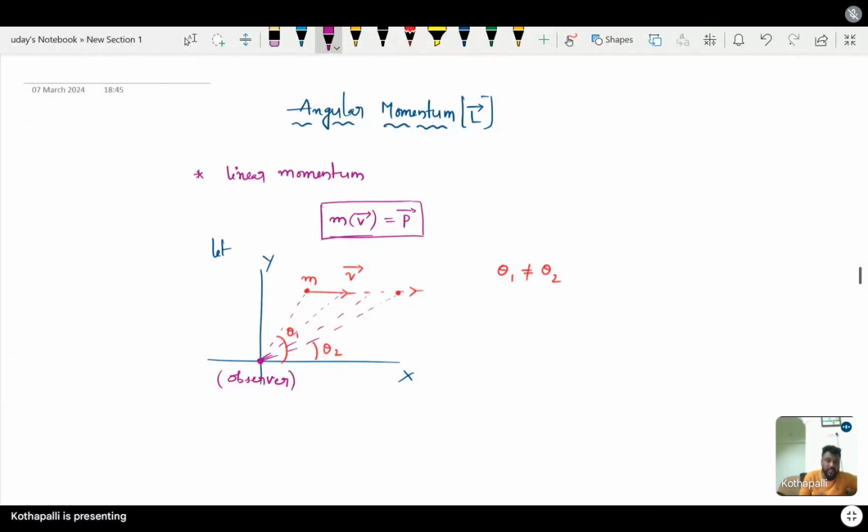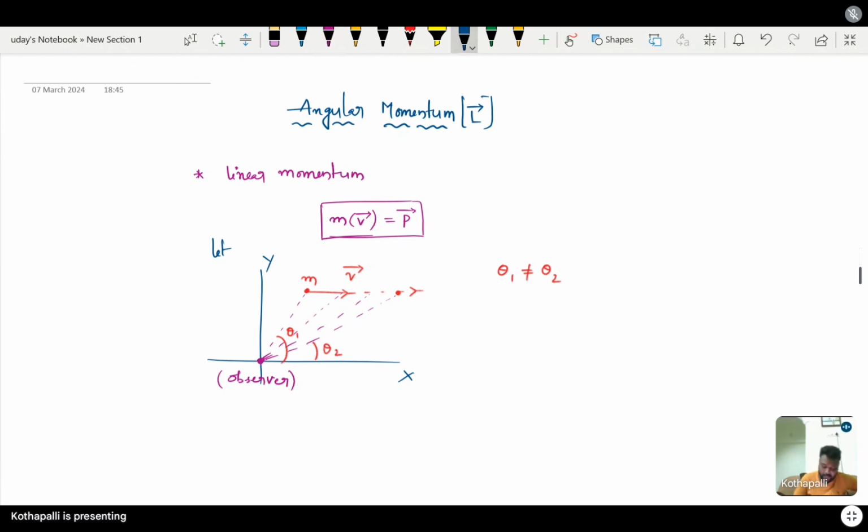So the basic definition of angular momentum, technically, not mathematically, is that it is the moment of the momentum. Moment of the momentum means the rotational effect of the momentum. As we know, moment of force is torque, like the rotational effect of force. Like that, moment of linear momentum is said to be angular momentum.